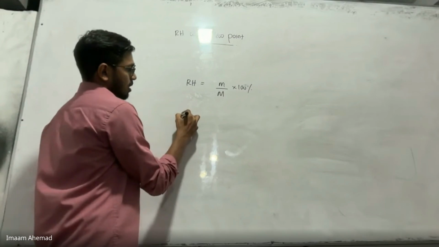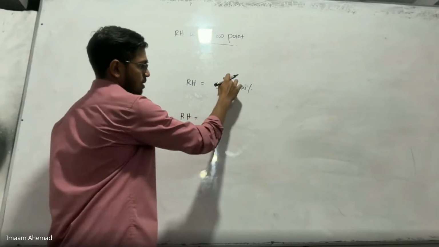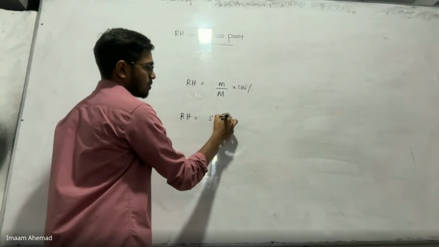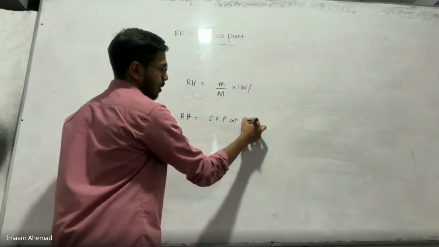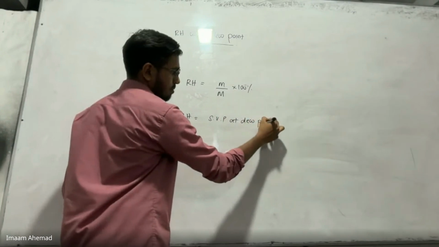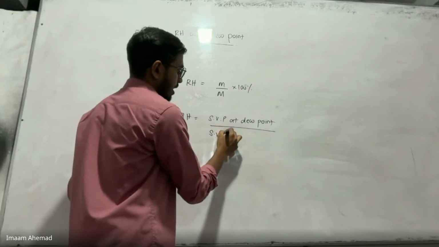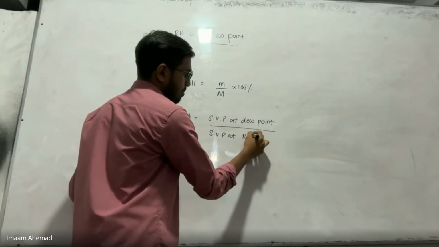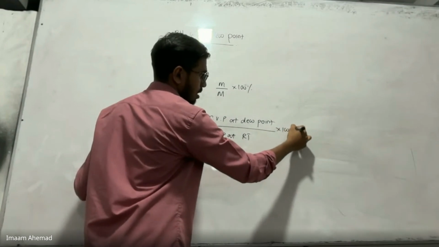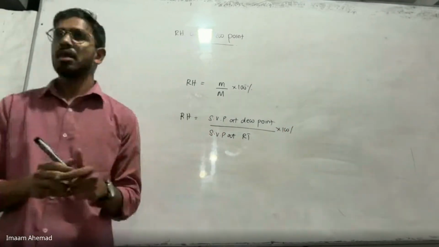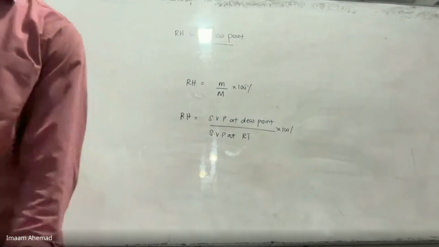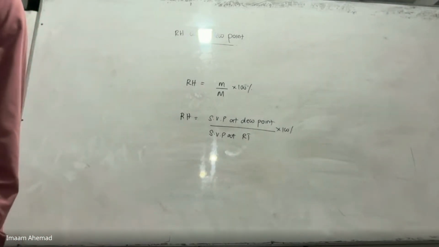So RH is equal, in place of simple m, we have SVP at dew point over SVP at room temperature into 100%, right? This is the equation we can use.